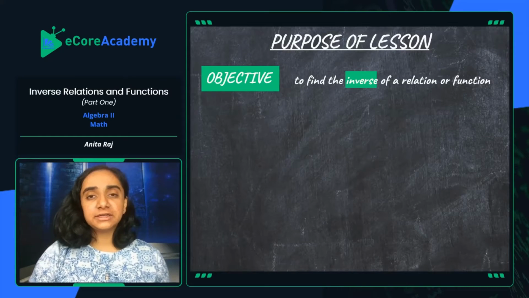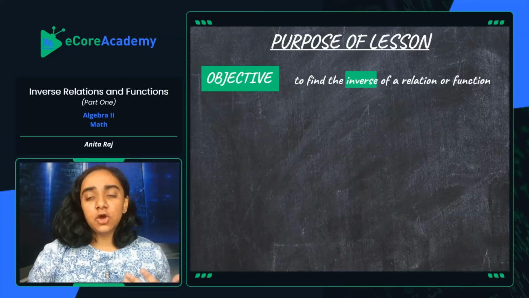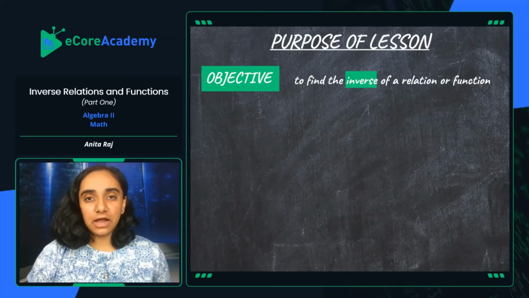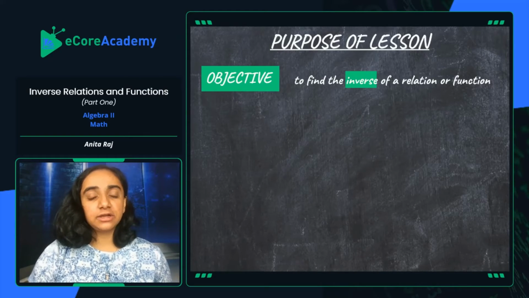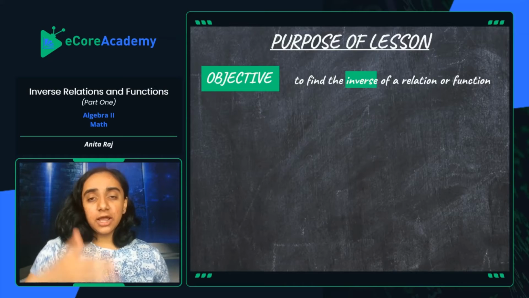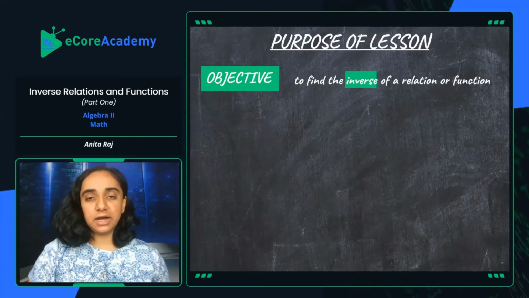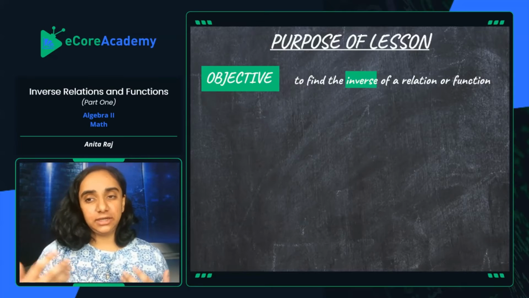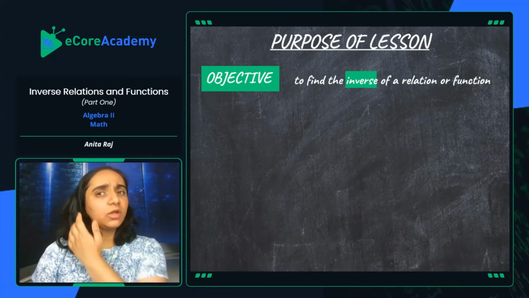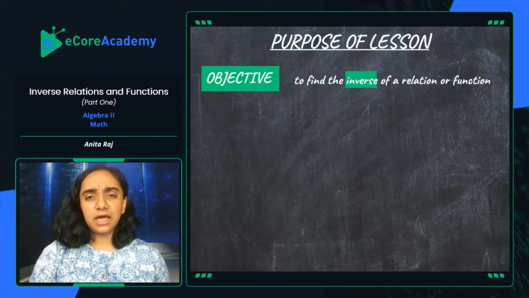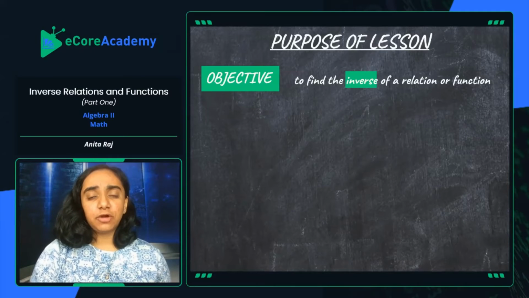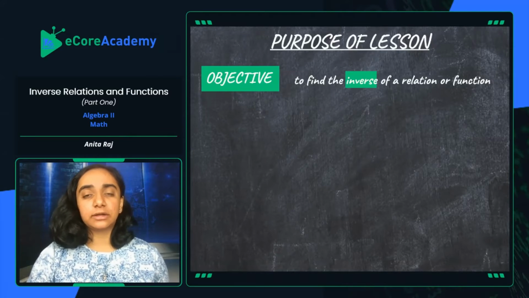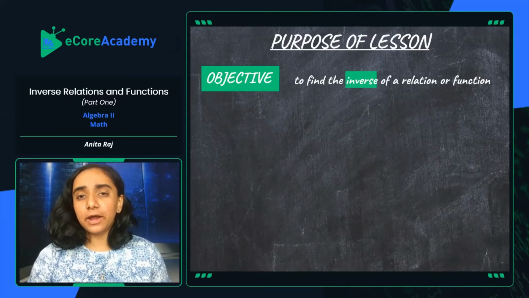The vertical line test is when you have a graph of a relation, and you're trying to determine, is this a function or not? You draw vertical lines up and down, and if a vertical line touches two parts of the graph of the relation, then it's not a function. So what does that mean? That means that multiple elements from the domain, so multiple x coordinates, can correspond to the same y coordinate.